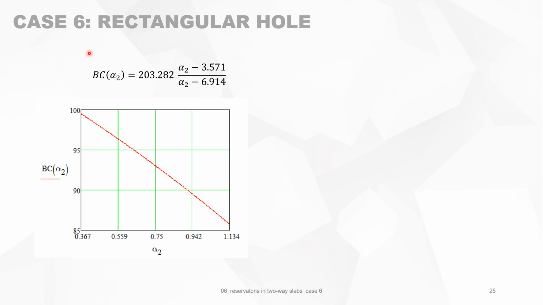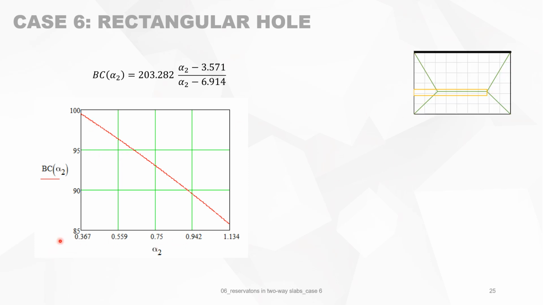We can now fill in all the known parameters in the formula for the bearing capacity. And we see that this is a function of the parameter D2, which is the width of the longest side of the reservation. And this is, of course, more or less a straight line.